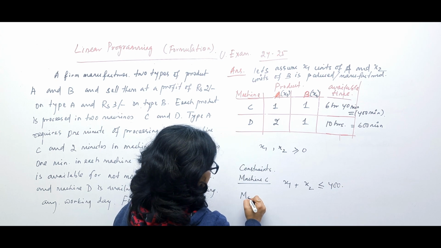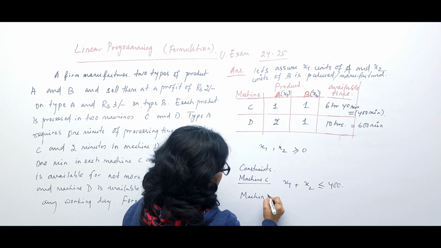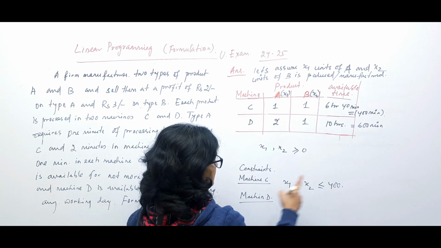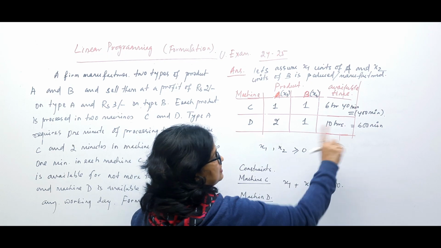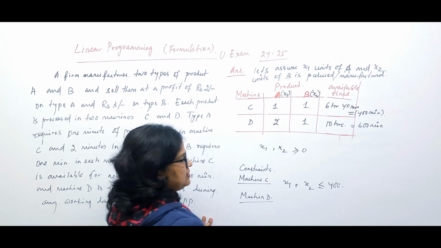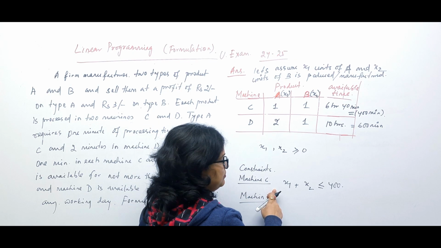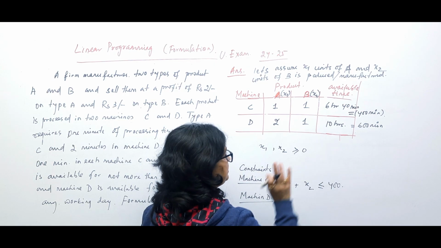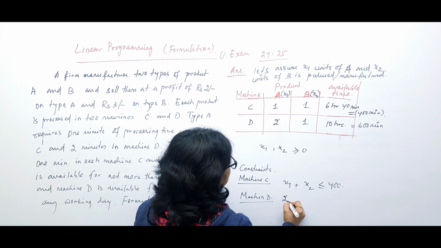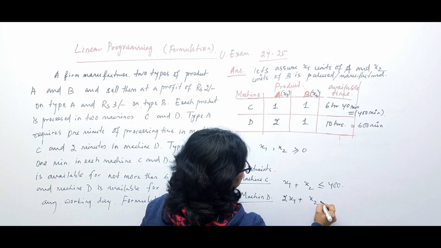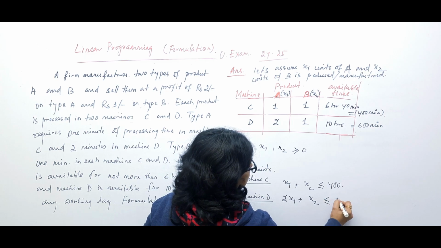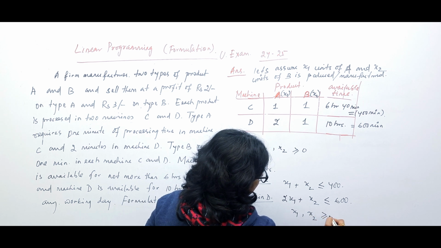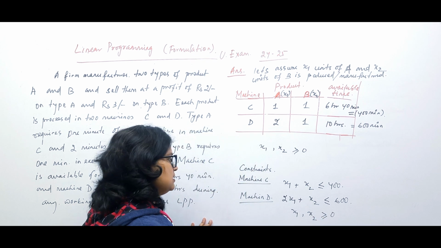This machine is our constraint, because you cannot use machine C for more than 400 minutes and machine D for more than 600 minutes. So we write 2x1 plus x2 is less than or equal to 600, and x1, x2, the non-negativity constraint, are always greater than or equal to 0.